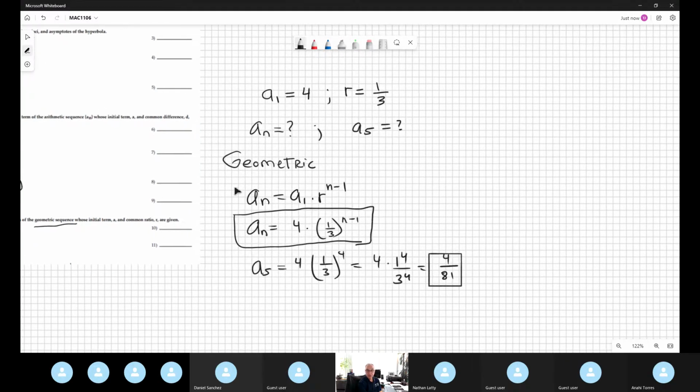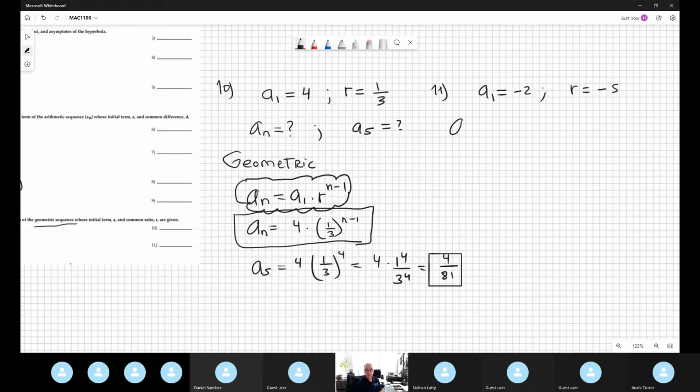Okay, now 11 is very, very similar. But the problem of the 11: A1 is equal to -2 and R is equal to -5. Same formula.